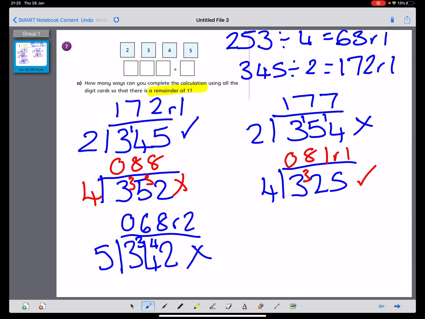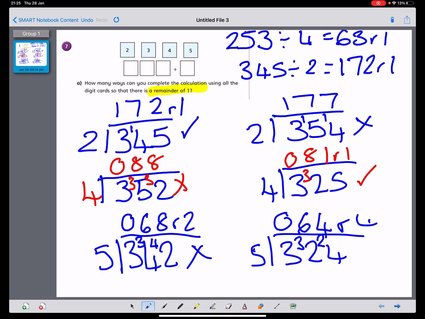That does not work. Okay, again, same digits in here, but I'm going to switch the 2 and the 4 over. 5 into 3 doesn't go. 5s into 32 goes 6 times with 2 left over. 5s into 24 goes 4 times with 4 left over, so that doesn't work either.